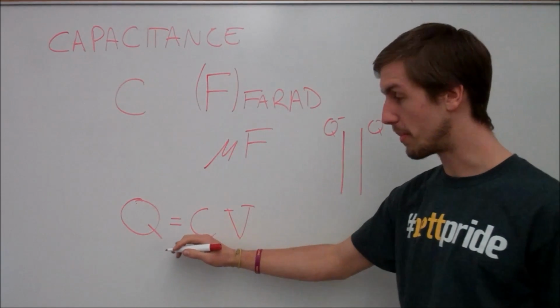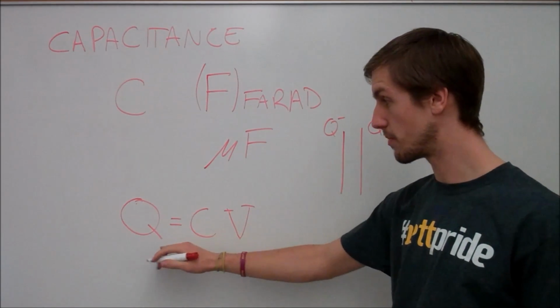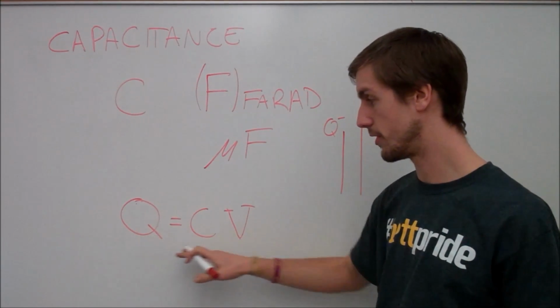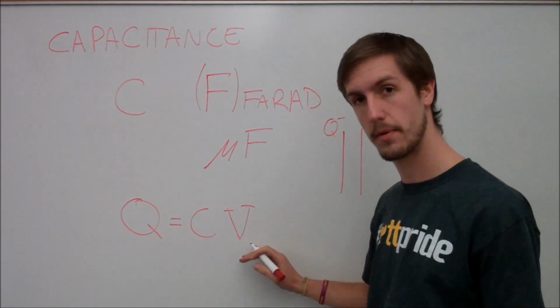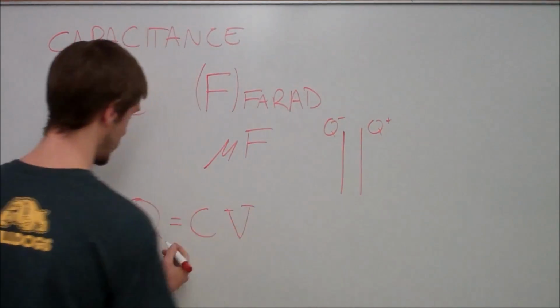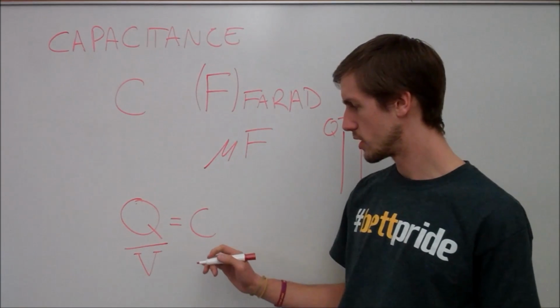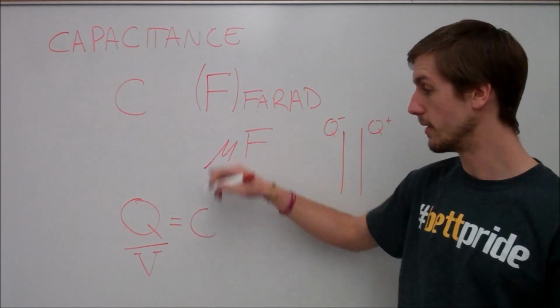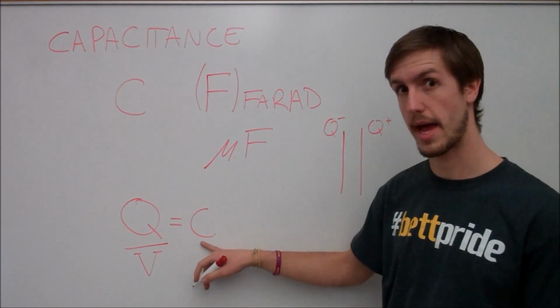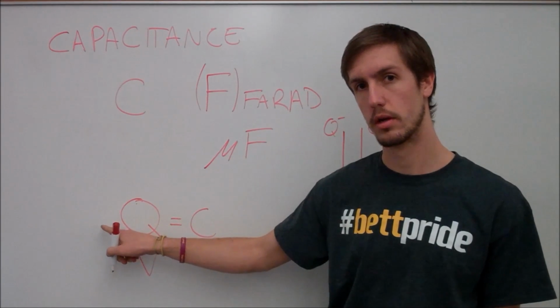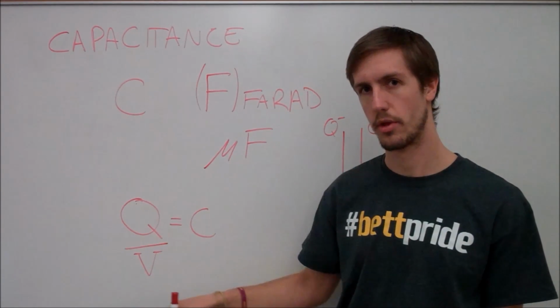So our capacitance is measured by charge divided by voltage, right? So 1 farad is the same as 1 coulomb per volt.